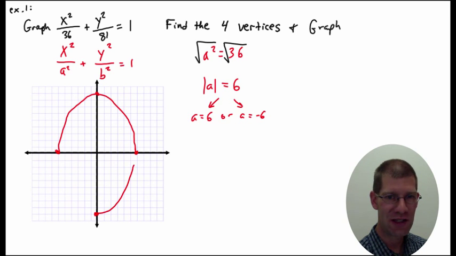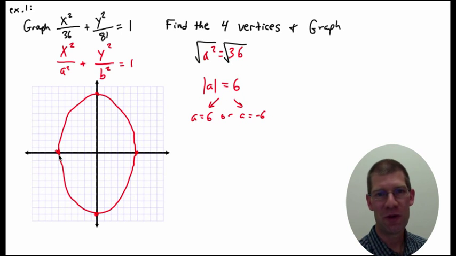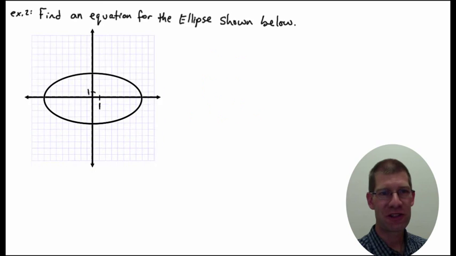Let's try to make a decent looking ellipse through those 4 vertices, those 4 maximums and minimums. So something like that. In a perfect world it'd look a little bit more symmetrical, but as long as it looks like you put some effort into it, I'll grade you well. So that's my first example.